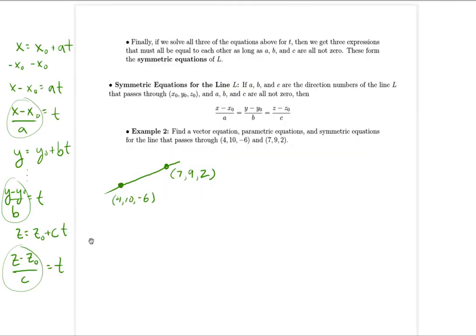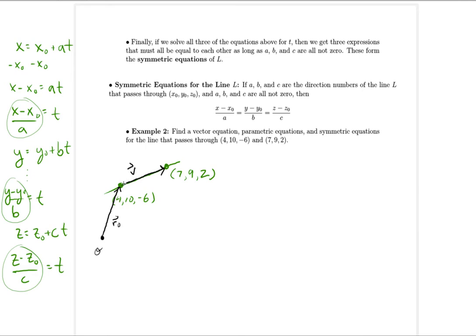Again, I'm not trying to be accurate, but let's pretend this is the origin here. I need an initial vector that goes to one of these points, so that's going to be my r0. And then I also need a direction vector that is parallel to the line. That would be my v.